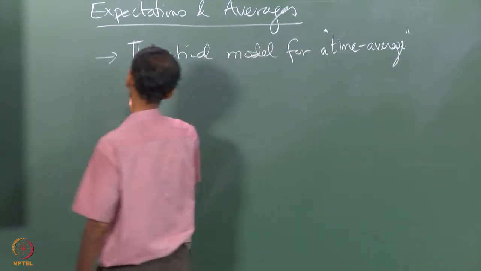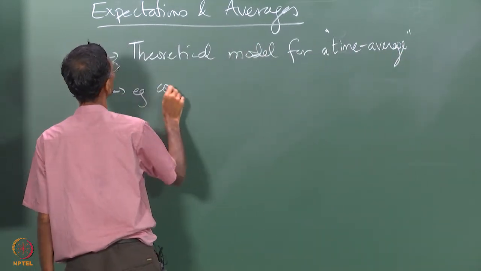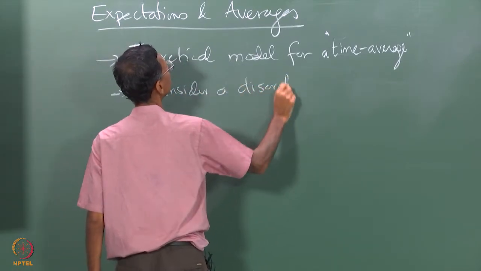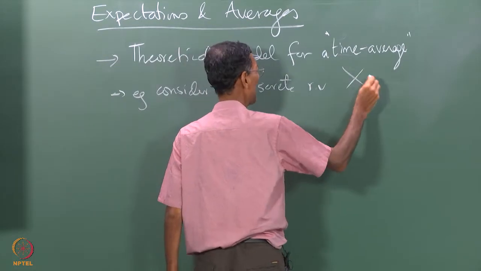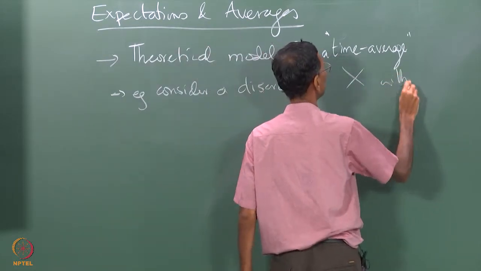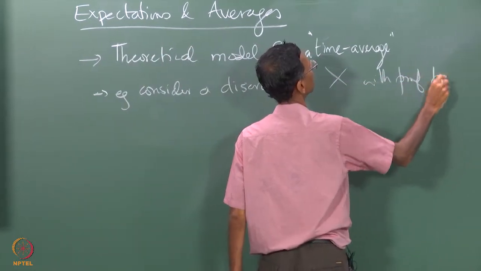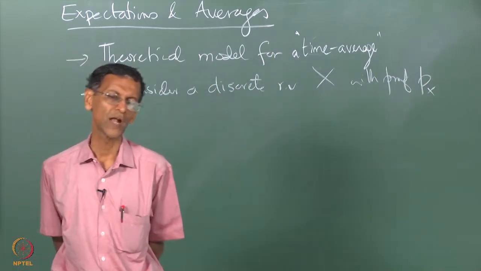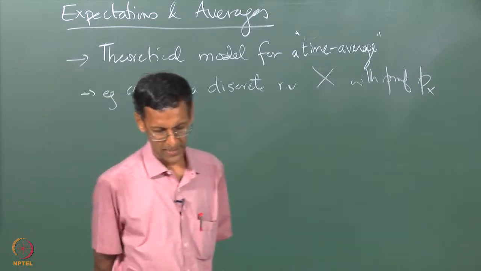So I'm just going to say consider a discrete random variable, let's say X, with some PMF Px, and let's say you do the underlying experiment some small n times.